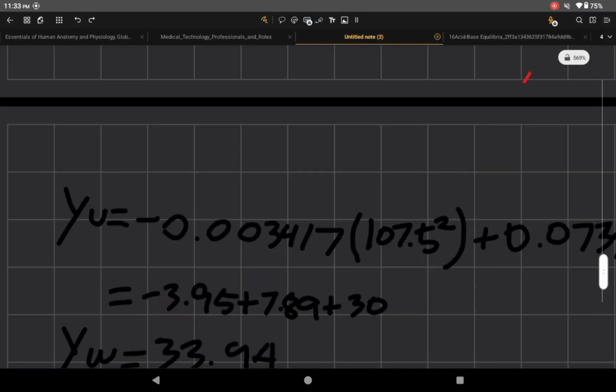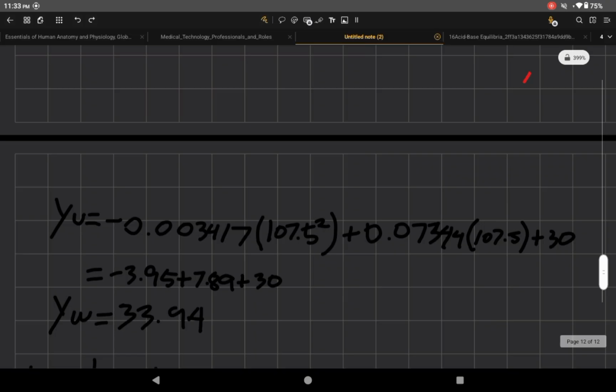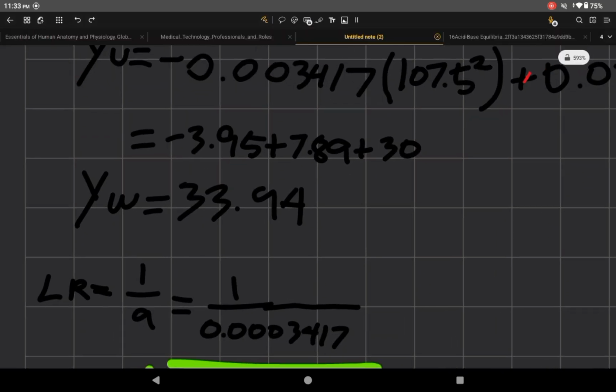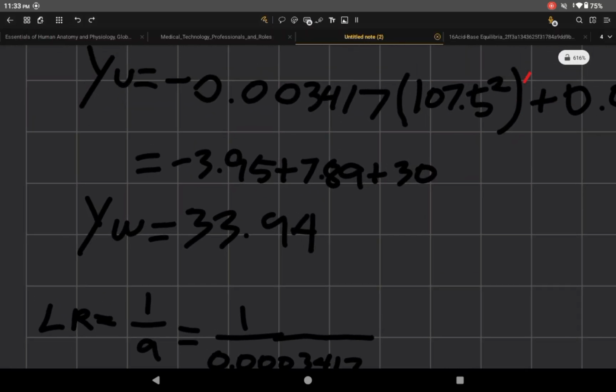So, y is equals to negative 0.003417 times 107.5 squared plus 0.07344 times 107.5 plus 30. Just calculate using calculator, then we'll have y is equals to 33.94. That's the y of our vertex.